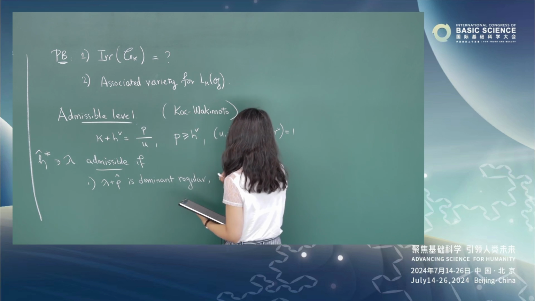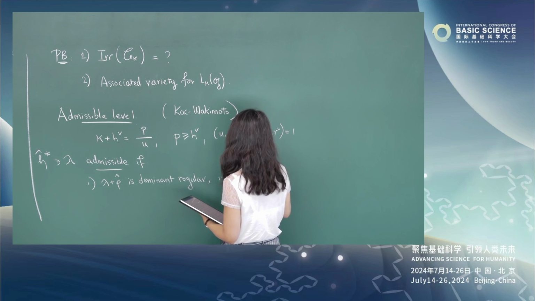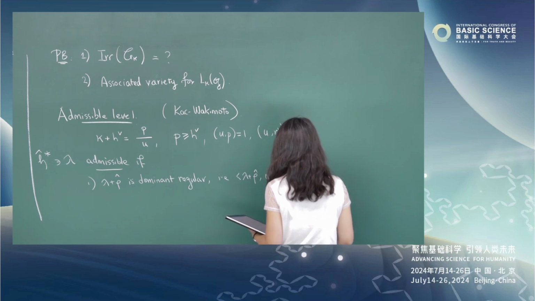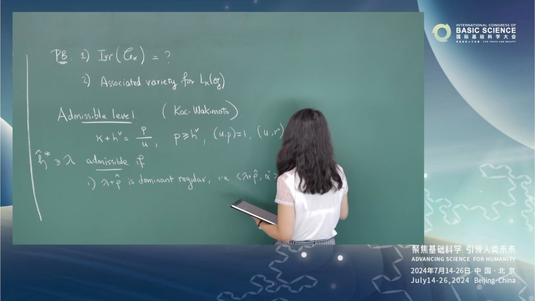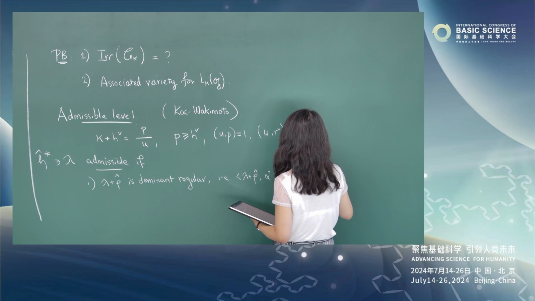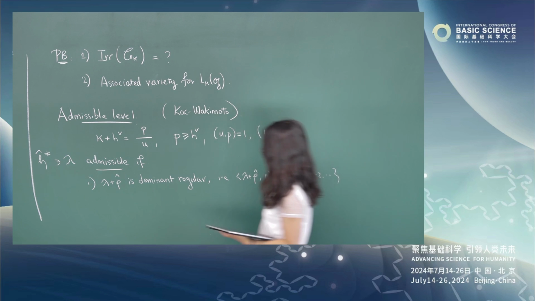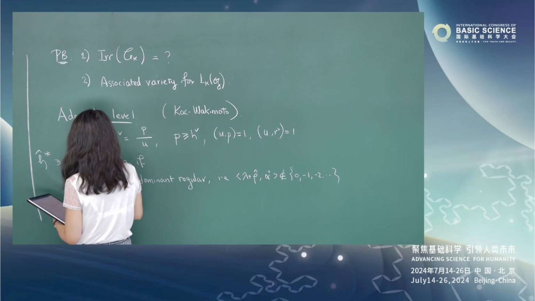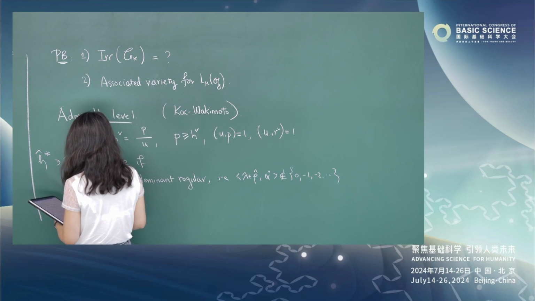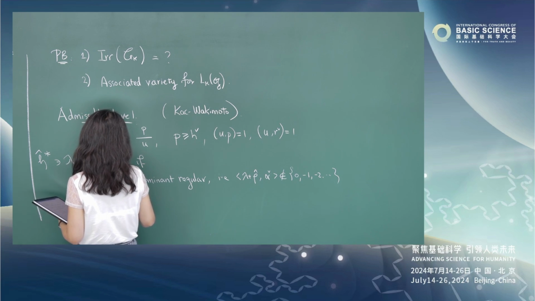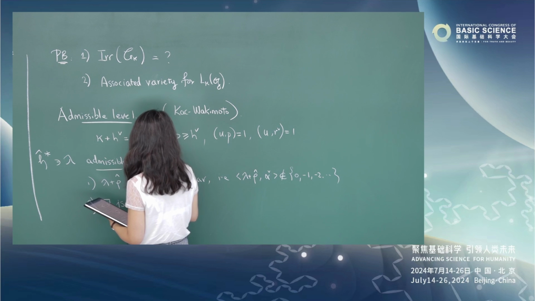That means if you pair it with any affine real coroot, it doesn't belong to the set of negative integers, including 0.